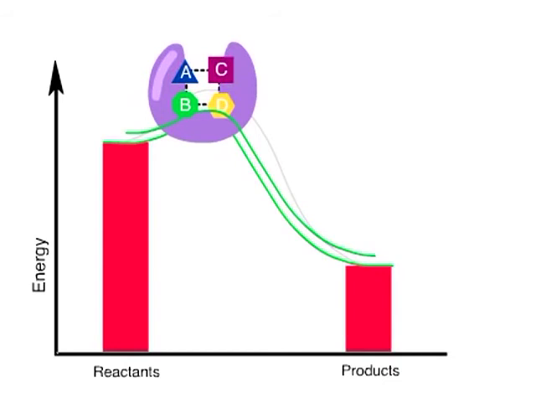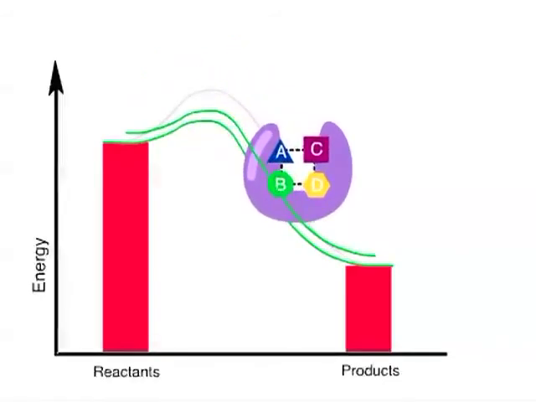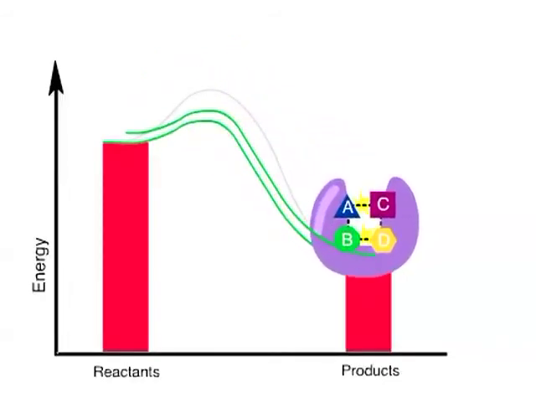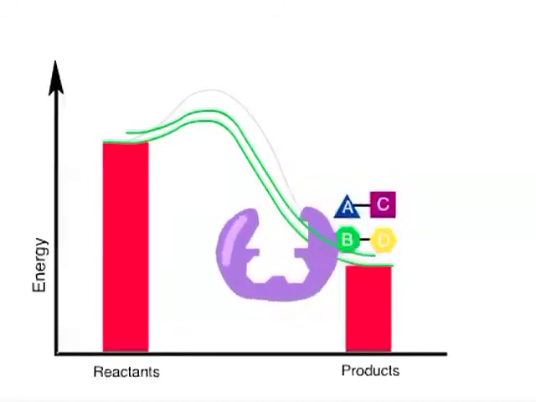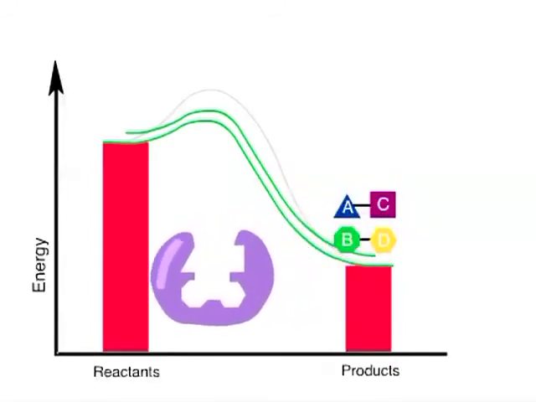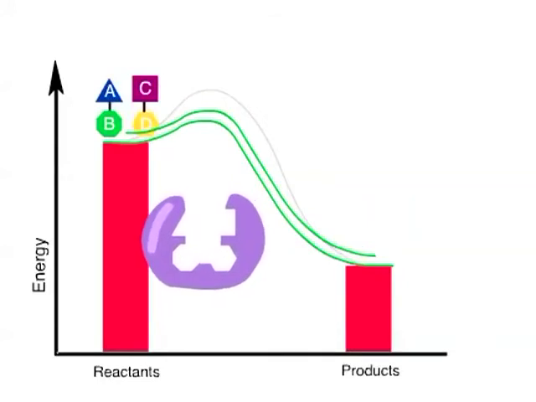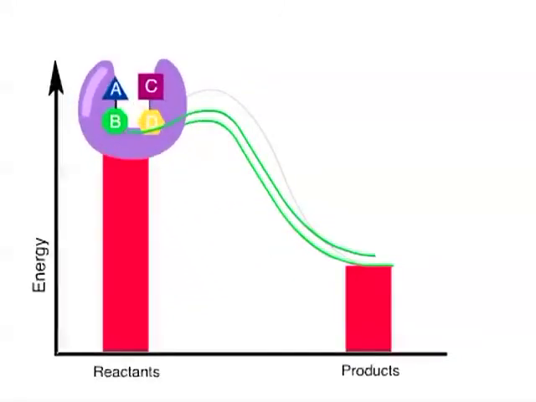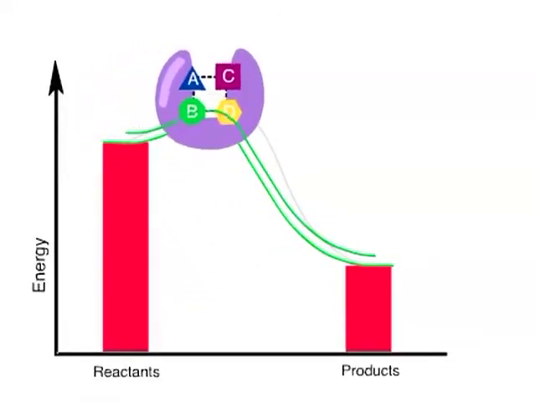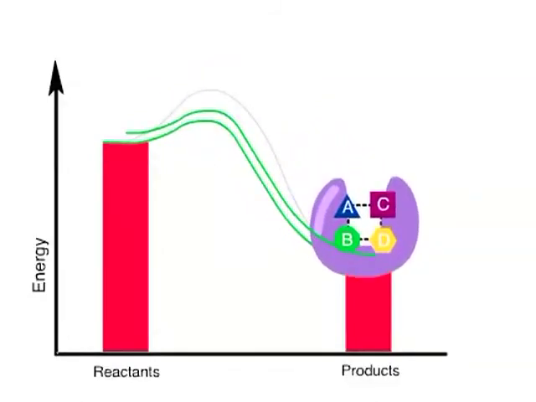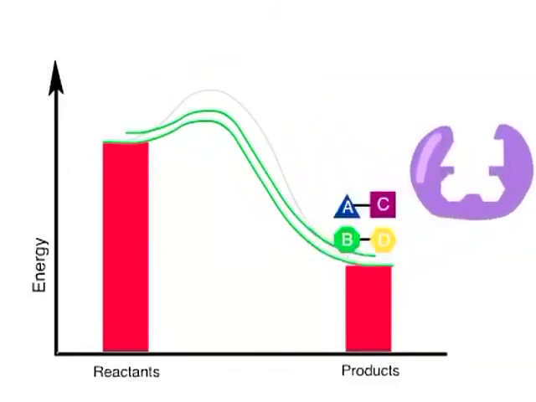This takes less activation energy than the unaided reaction. Products form and are released. The enzyme emerges unchanged from the reaction. Because of the specific fit between enzyme and substrate, each enzyme can catalyze only one kind of reaction involving specific substrates. Thousands of different enzymes may be required to carry out all of a cell's metabolic processes.